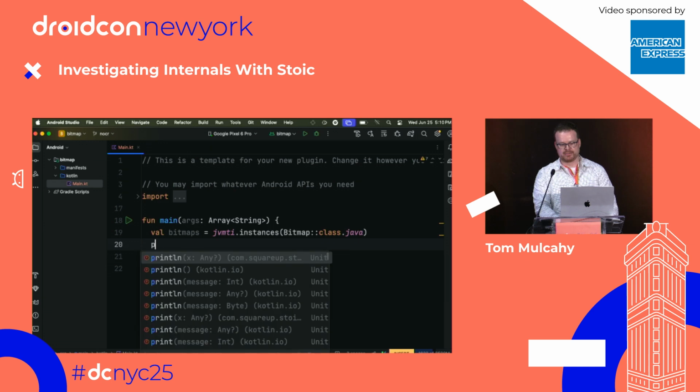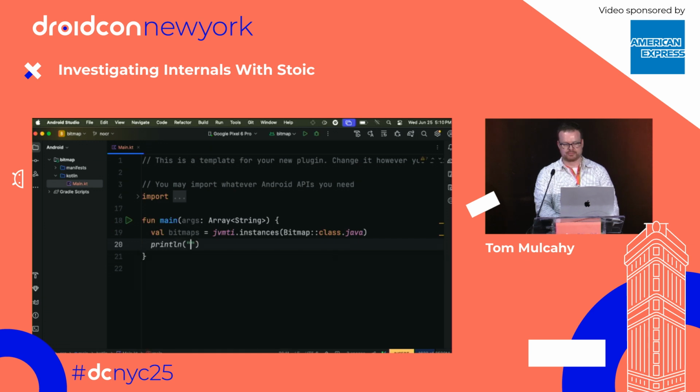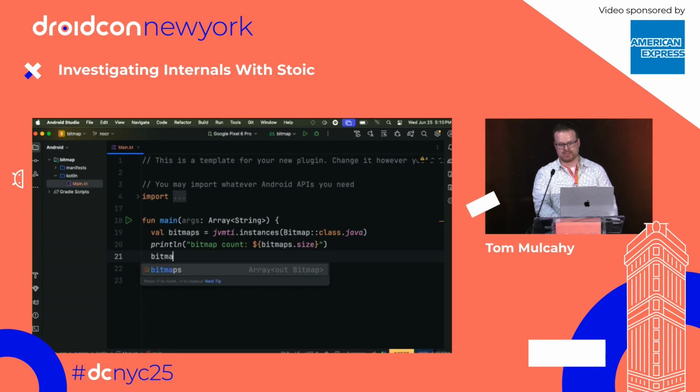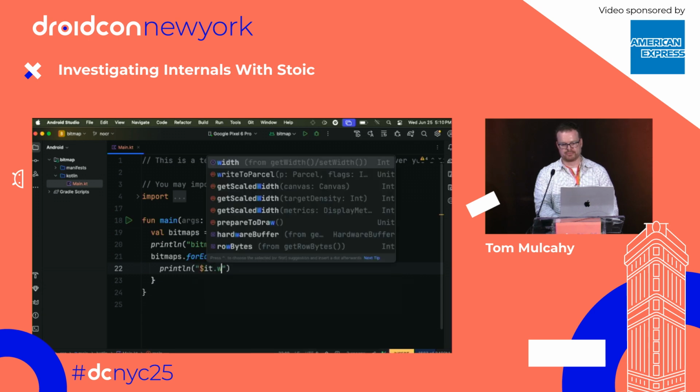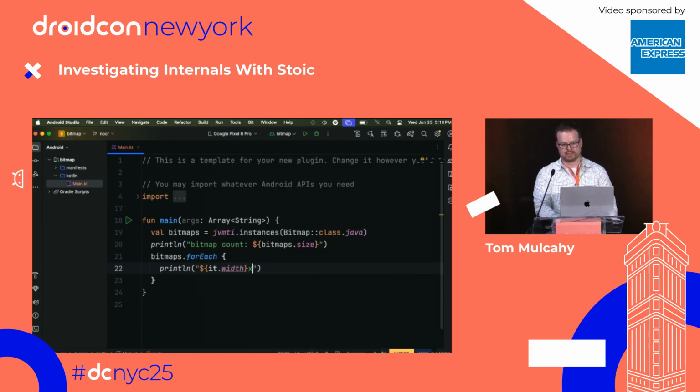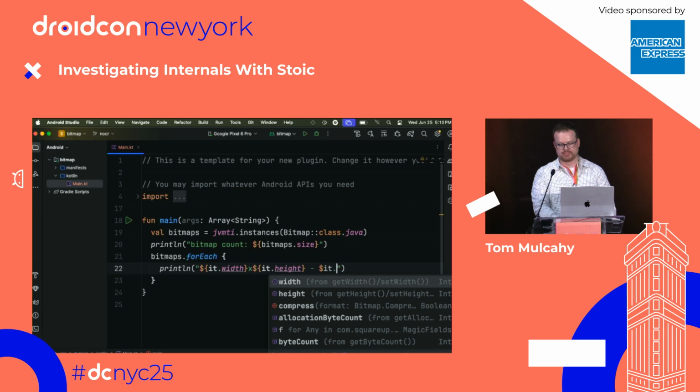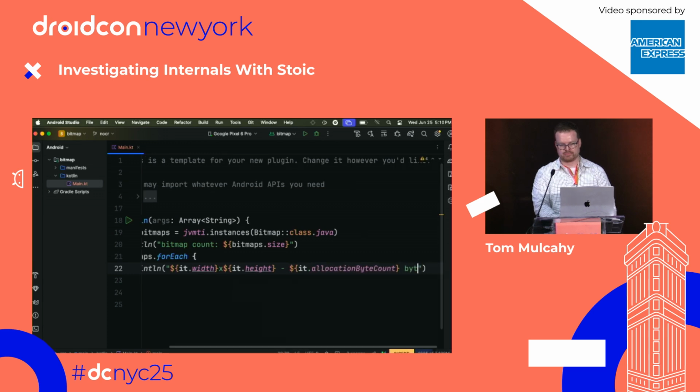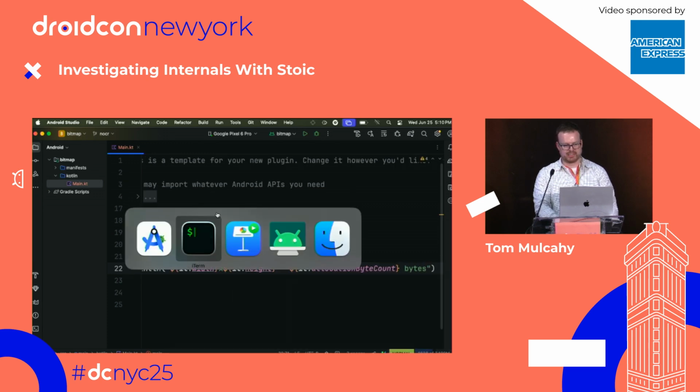And I'll print out a bitmap count. And I'll also iterate through the bitmaps and print out some stats about each one. And also the total allocation byte count. And let's try running that.